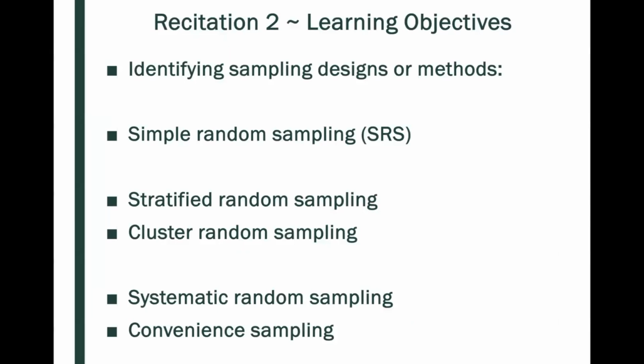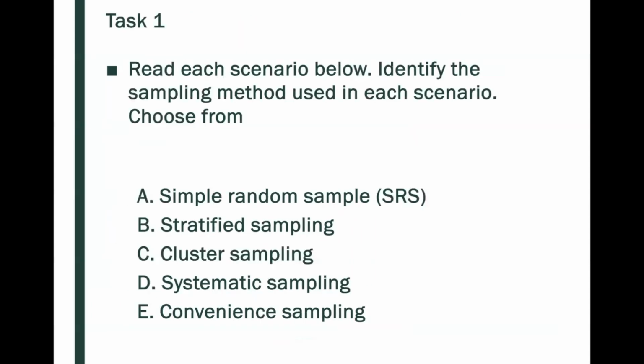Our learning objectives for this recitation are identifying sampling designs or methods. We have simple random sampling, stratified random sampling, cluster random sampling, systematic random sampling, and convenience sampling. We're going to have different scenarios, and with each scenario, we're going to identify the sampling method used.